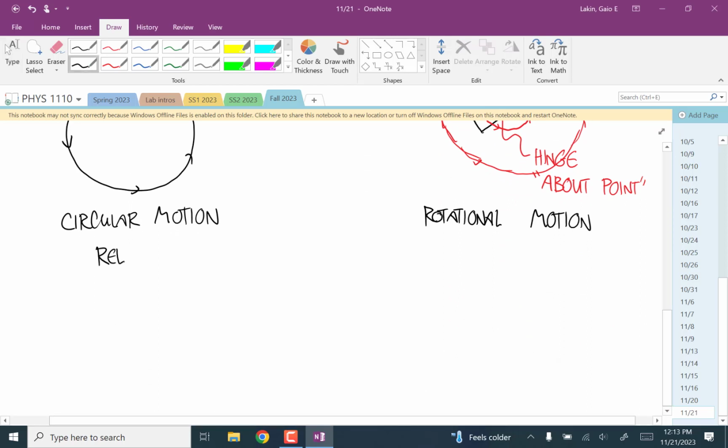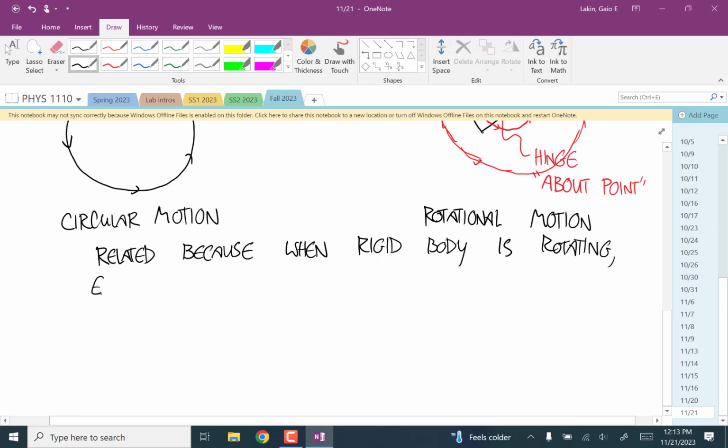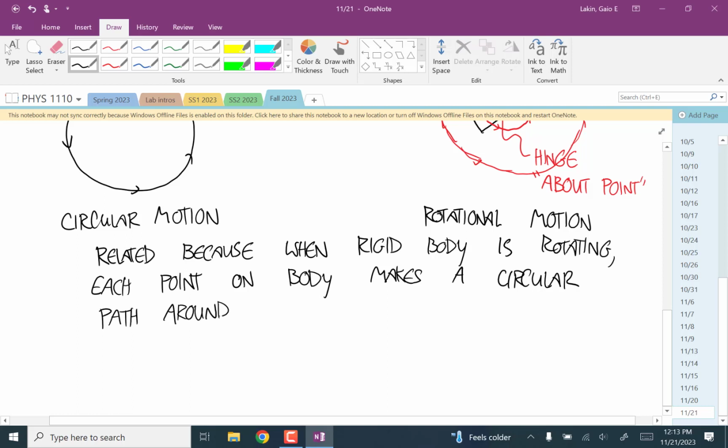So the way they're related is that when a rigid body is rotating, each point on the rigid body makes a circular path around the about point.